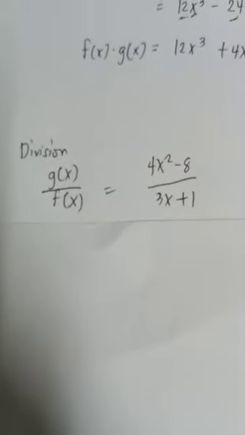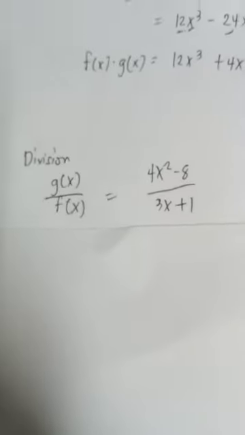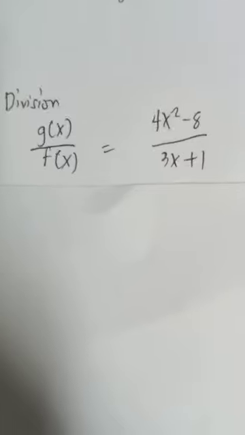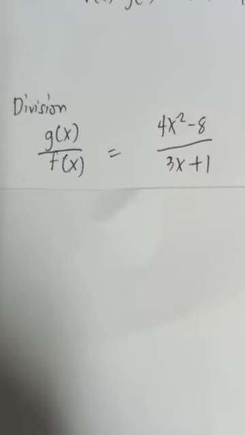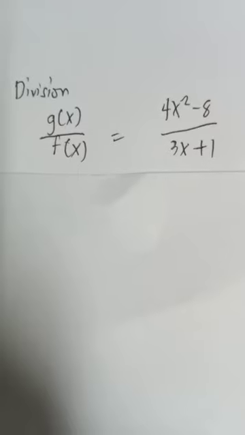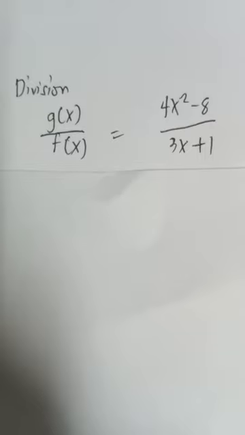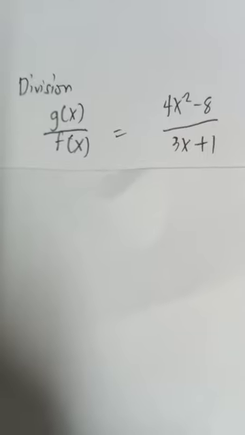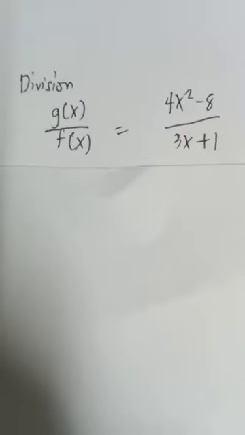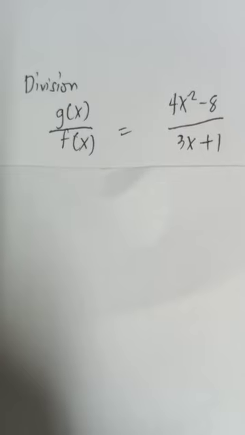So how to solve this one, sir? So just simplify. We cannot simplify this one already because this is the simplified form. So this will be our final answer. So you don't need to solve the na because it is the simplified form.